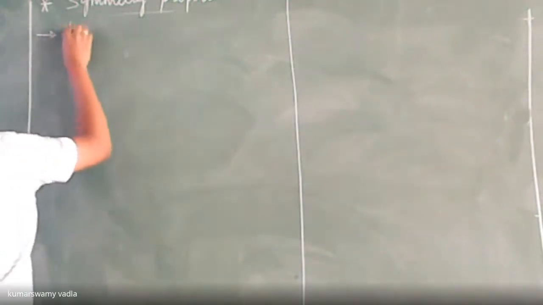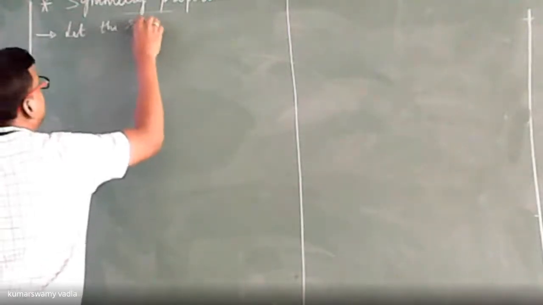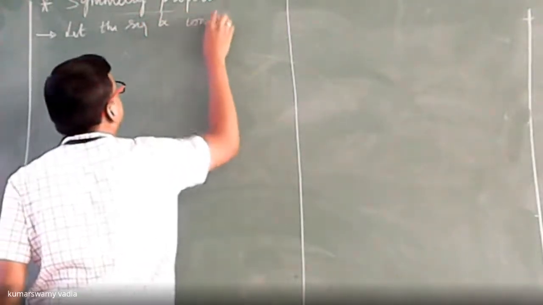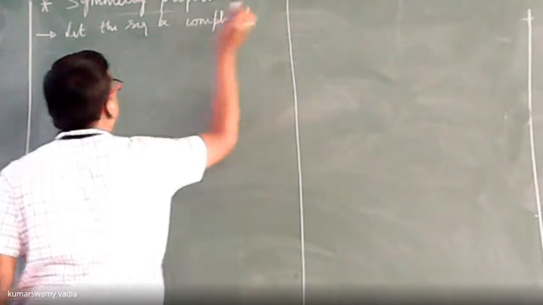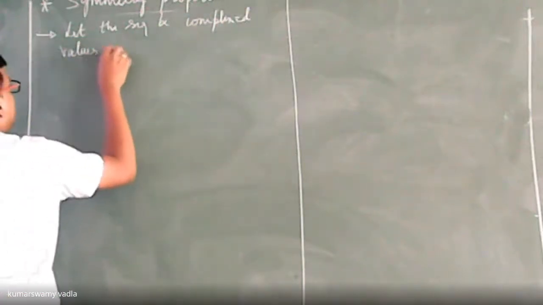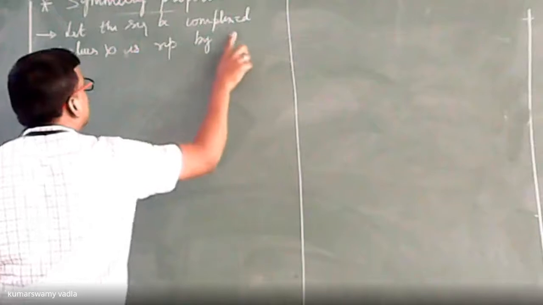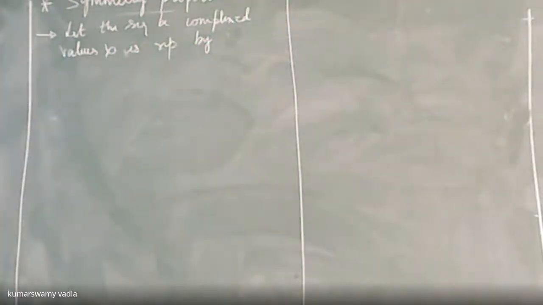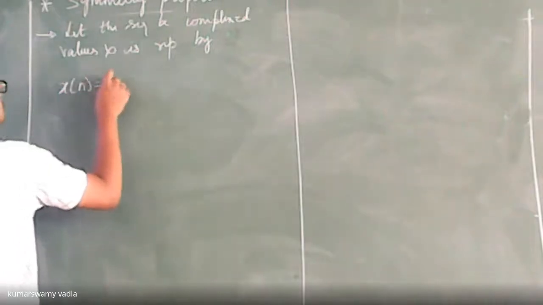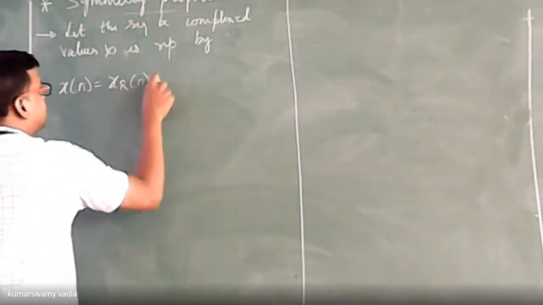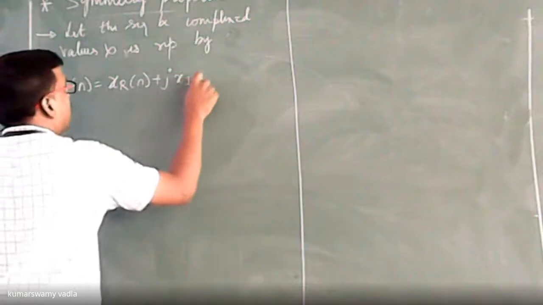Now note down this. Let the sequence be complex valued and is represented by x of n is equal to xr of n plus j xi of n.